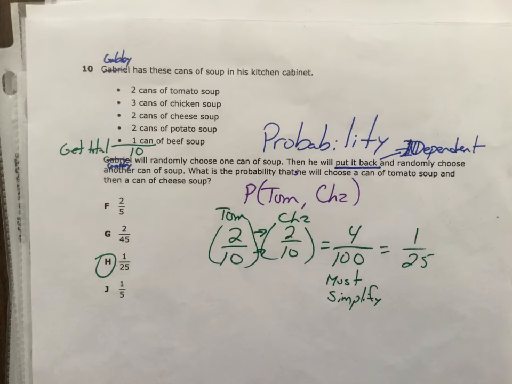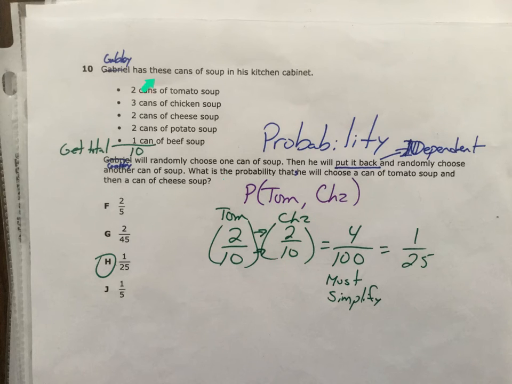All right, probability, y'all's favorite. You add them up, get that total first, and there's 10 cans. Now, here's the part you got to look for. Are they putting it back, or are they going to keep it out and use it? So then he puts it back. So that means it's an independent event, meaning your denominators will stay the same. So it's looking for tomato soup and then cheese.